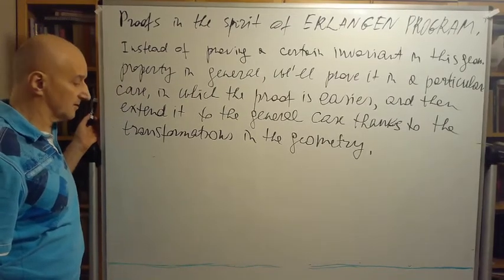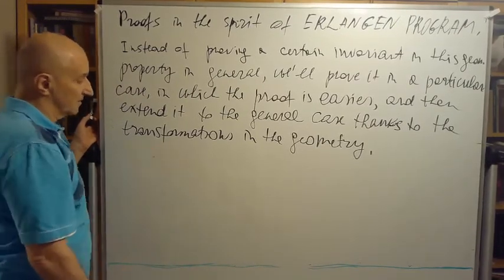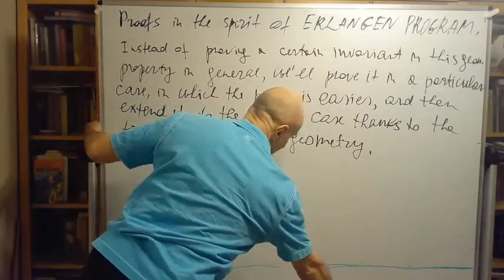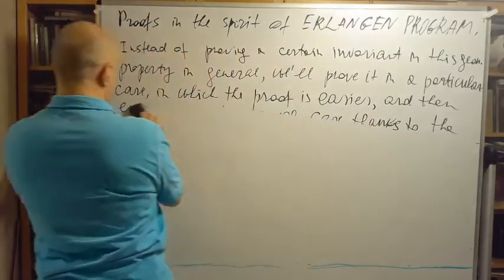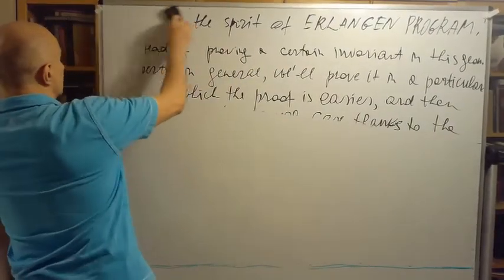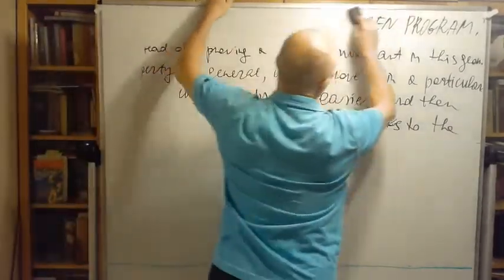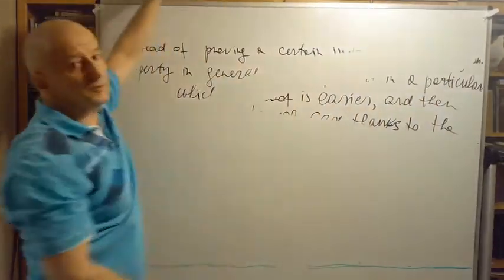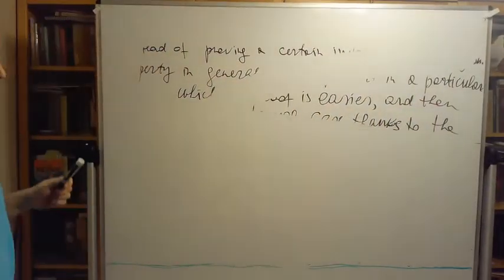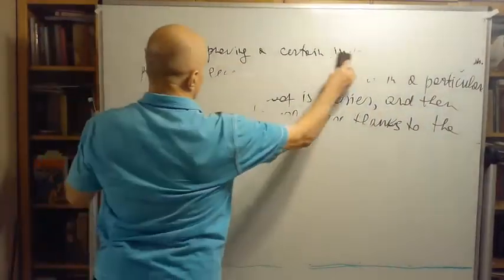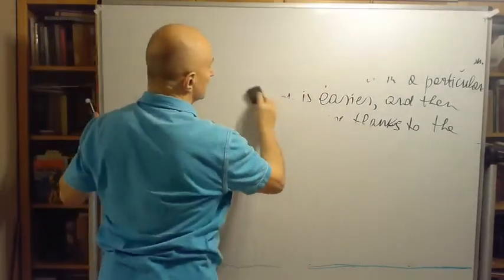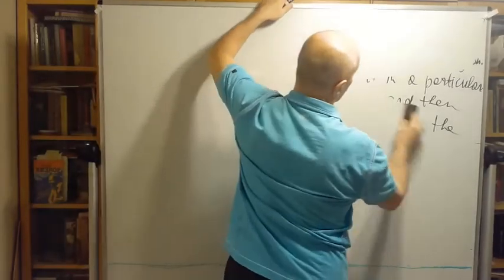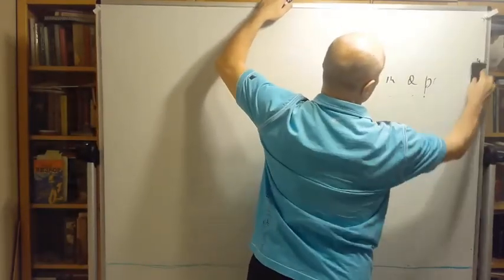But first, let's consider this situation. So what is this situation about? Let's do the following. We will prove some statements of the Euclidean geometry, for instance, some property of a triangle, by locating this triangle in the complex plane in a convenient way.